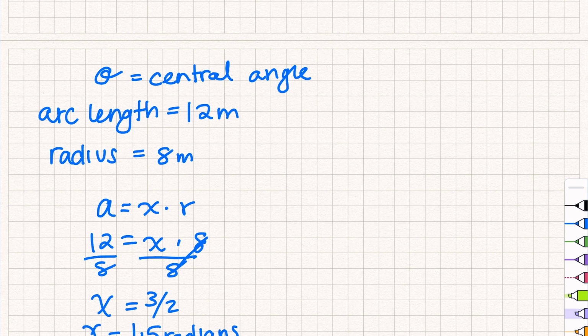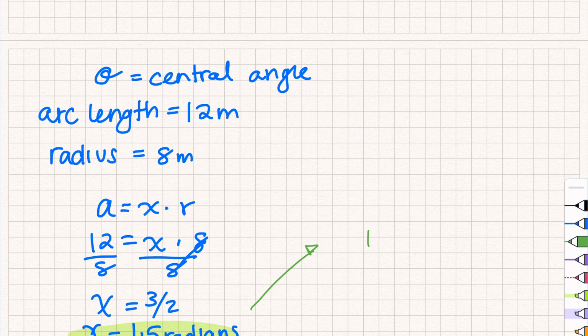Now, what if I asked you to give me the answer in degrees? Well, we would take our 1.5 radians. To change it to degrees, what would we do? We have our radians, and we want to change it to degrees.